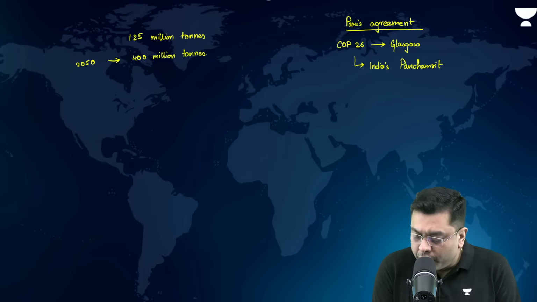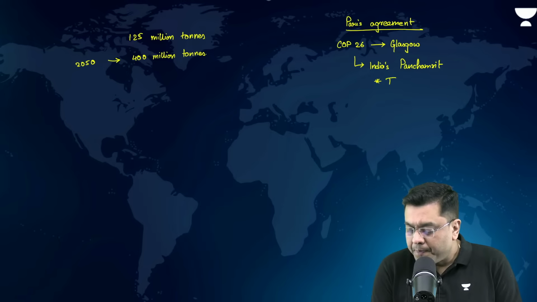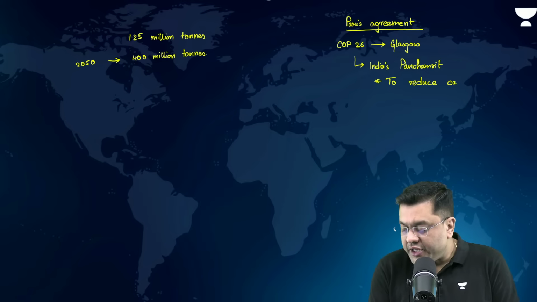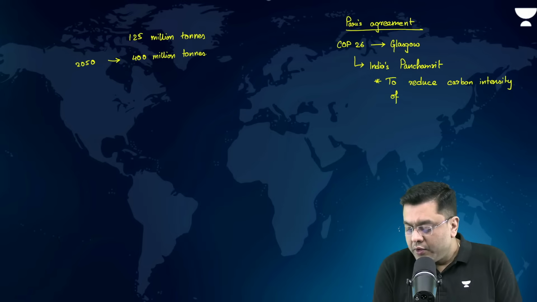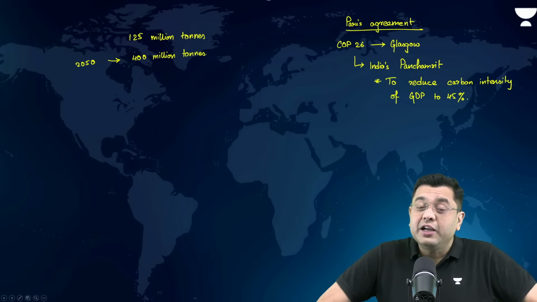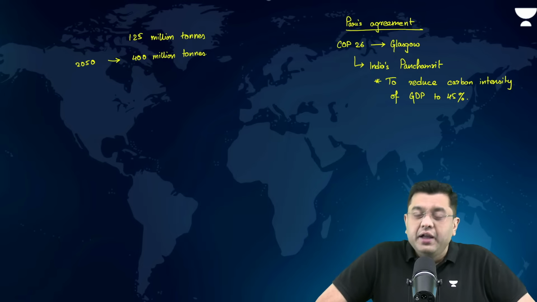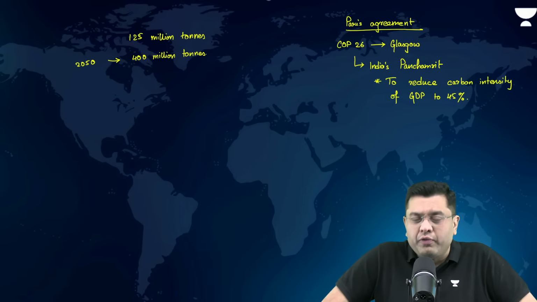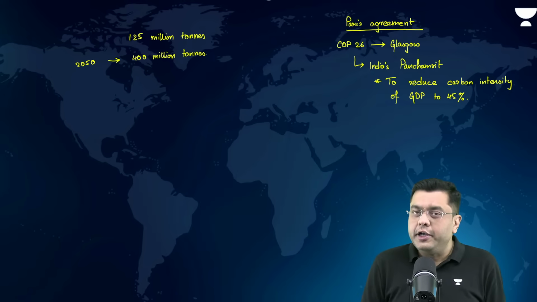Amongst one of those goals was to reduce the carbon intensity of the GDP to 45%. So that basically means that the contribution of those sectors which are polluting, which end up emitting a lot of carbon dioxide and carbon dioxide equivalents into the atmosphere, will be reduced.